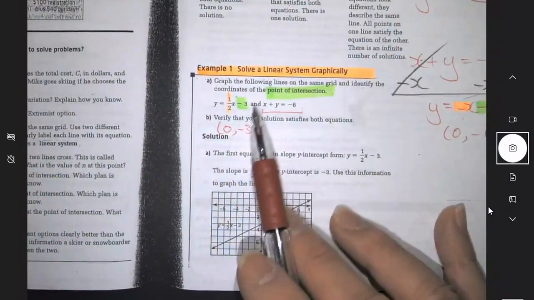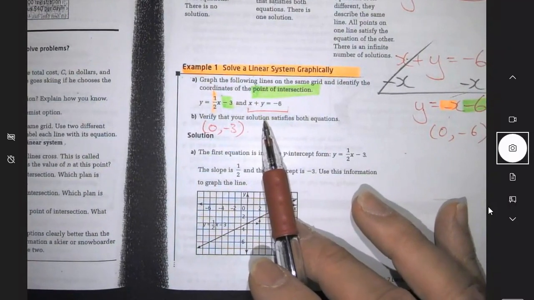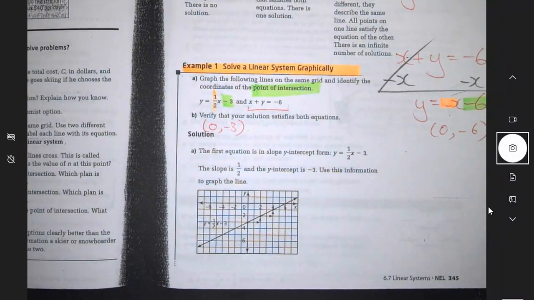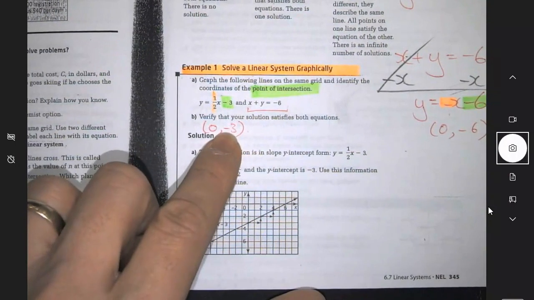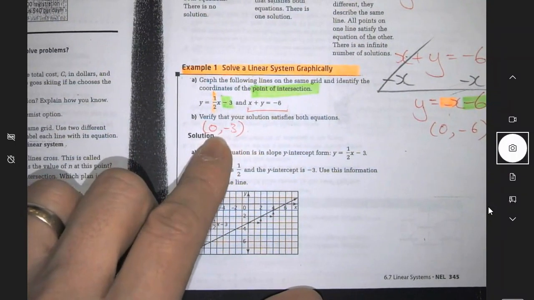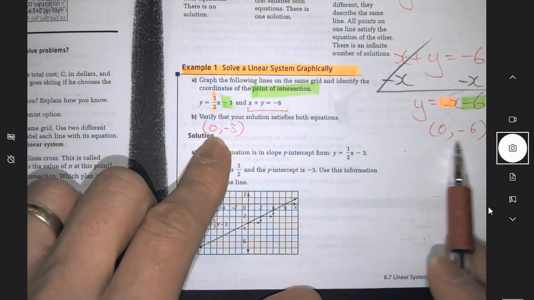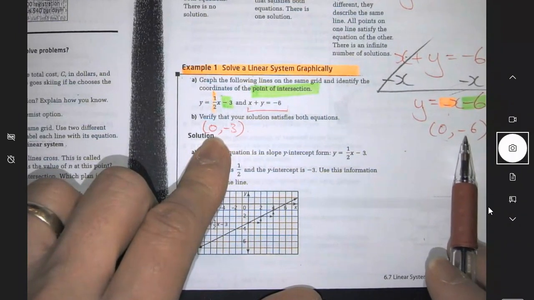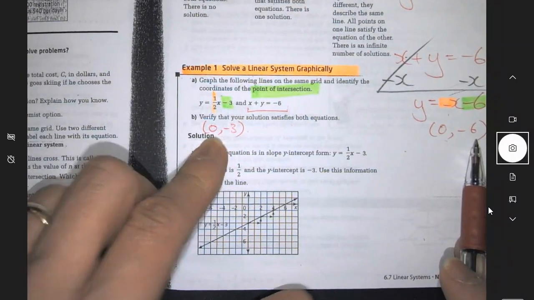Now, one thing for you to keep your eyes on is this. You know the y-intercept for this line is 0, minus 3. And this one here, the y-intercept is 0, minus 6. So they have two straight lines.